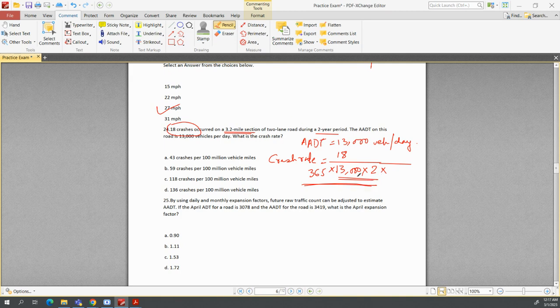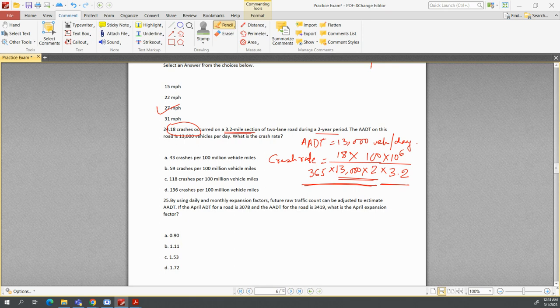And 3.2 miles is the section, so you multiply by 3.2 miles to get vehicle miles. Then you do it per 100 million, 100 times 10 to the power 6. First you define out of how many vehicle miles 18 crashes occurred, and then you multiply by 100 million vehicle miles.